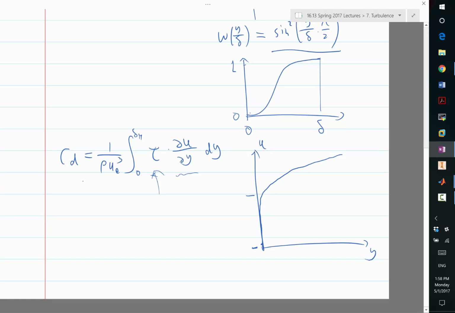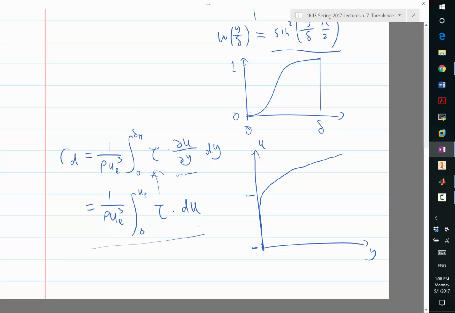So this CD, you can either write it that way or you can write it as the integral from 0 to UE of tau times du. You can integrate du dy times dy, which is basically du, and integrating y from 0 to outside the boundary layer is basically integrating u from 0 to UE.